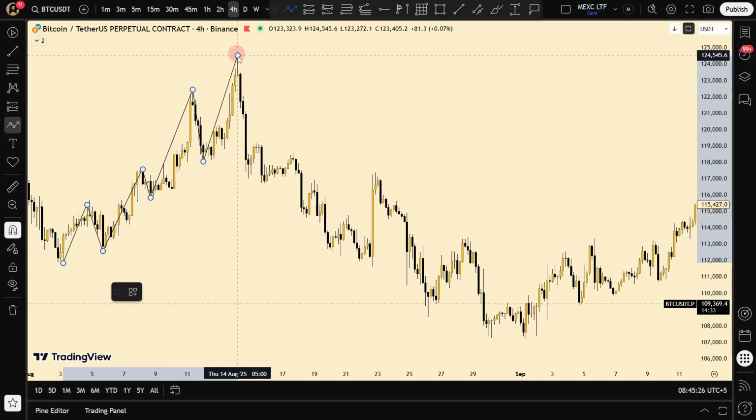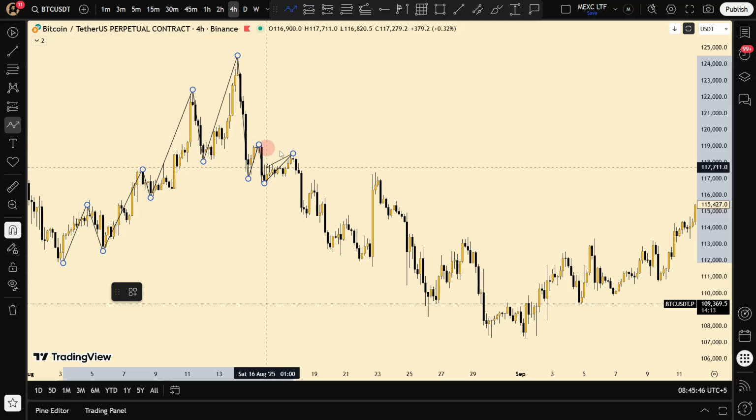Now notice what happens. We break the previous low over here. And then we just pull back a little bit from here, and then we go back down again. Then we pull back again a little bit.